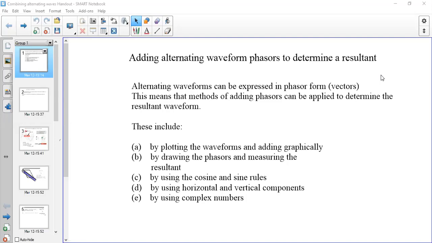Then drawing the phasors and measuring the resultant, which we've already had a little look at, but I want to go over again. Then using cosine and sine rules for non-right-angled triangles, using horizontal and vertical components, which we've already looked at in part, and using complex numbers, which is probably the easiest way if you're confident with those.